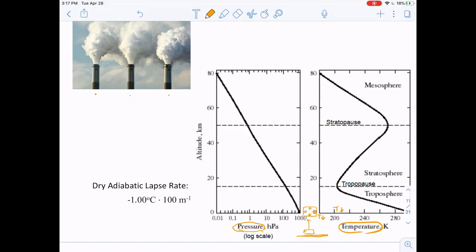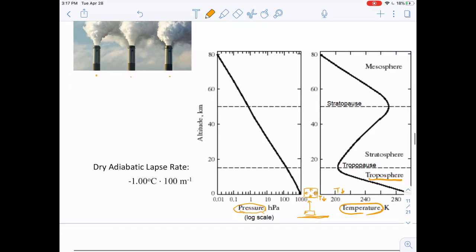You can see that in the troposphere, which is the definition that I introduced during the ozone hole discussion, there's a high concentration of ozone because of human activity.